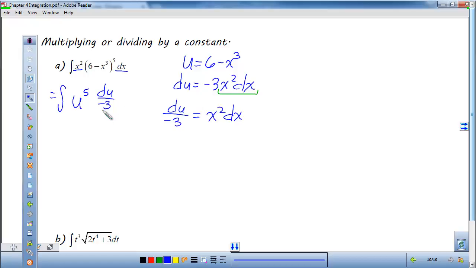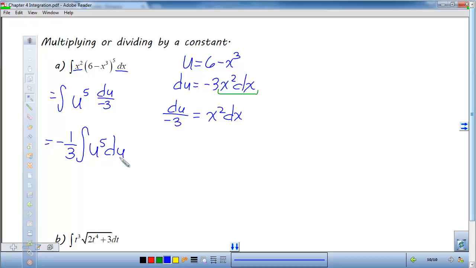Well, we have a constant multiple rule for integration that will allow me to bring this negative 1/3 outside of our integral. So we get u to the 5th du, and the negative 1/3 is on the outside. And now I can apply my power rule.